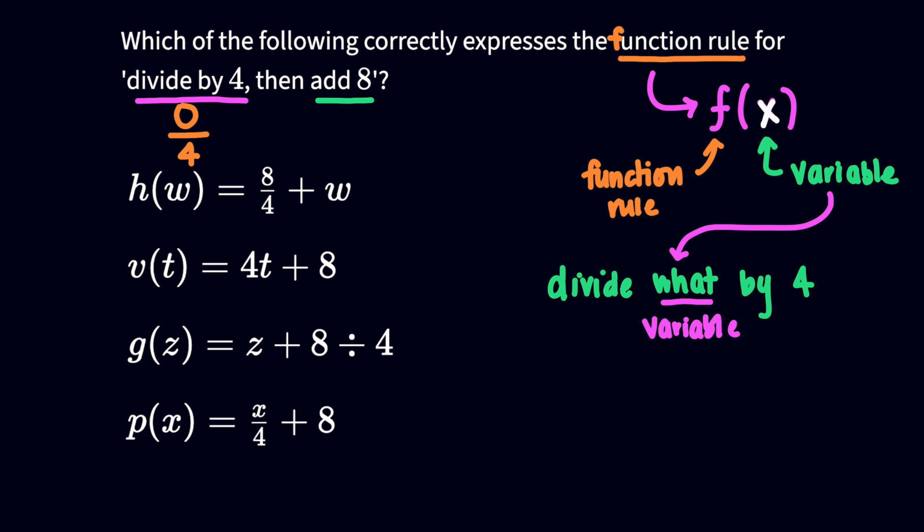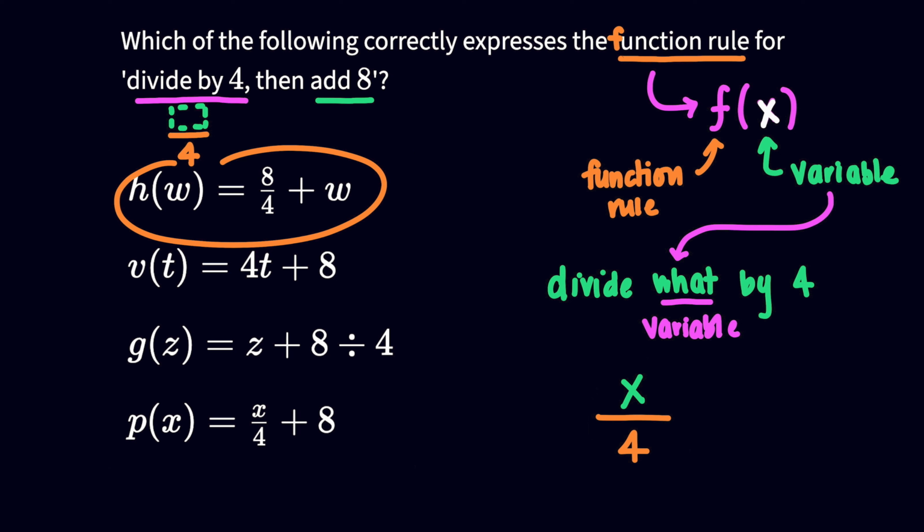Because usually it's the numerator divided by the denominator, which means that something had to be up here. And that something is the variable. So in this case, we know that we're going to have an x value divided by 4. So I know that I have to have an x over 4 or a variable over 4.